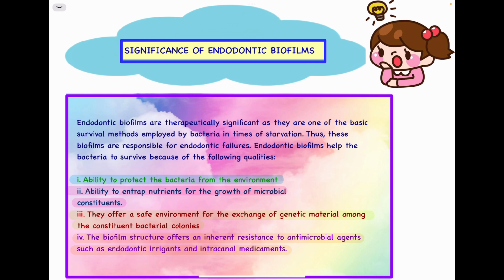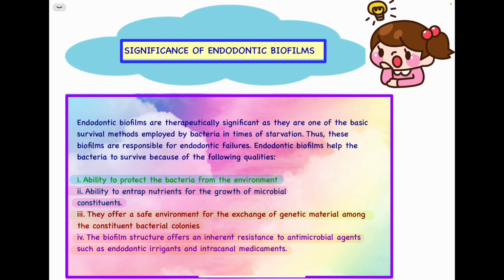Then the last one is that the biofilm structure offers an inherent resistance to antimicrobial agents such as endodontic irrigants and intracanal medicaments. Why? Because we have studied that there is an exchange of genetic material, right? The resistant genes which are present in one bacterium are then given to another bacterium through conjugation or through quorum sensing.